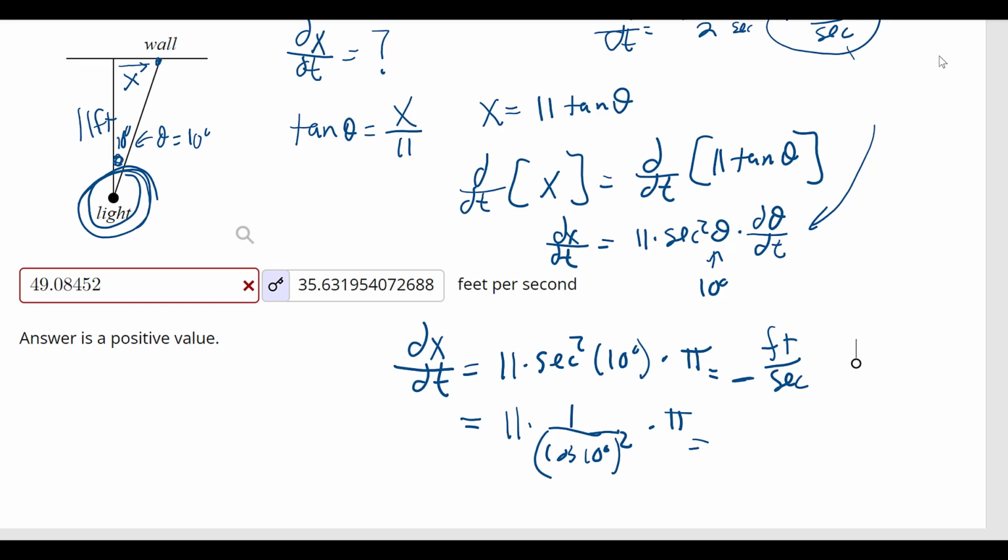What do we have? 11 times 1 divided by cosine of 10, I'm already in degree mode, squared, times pi.